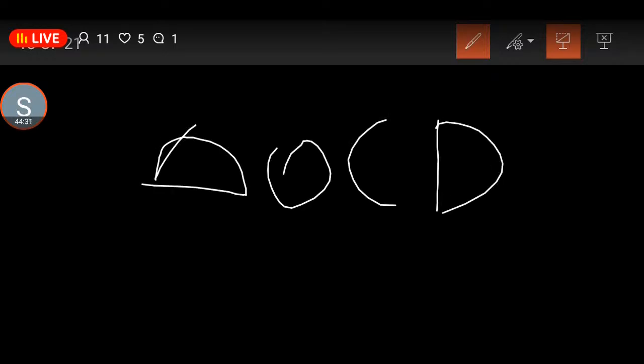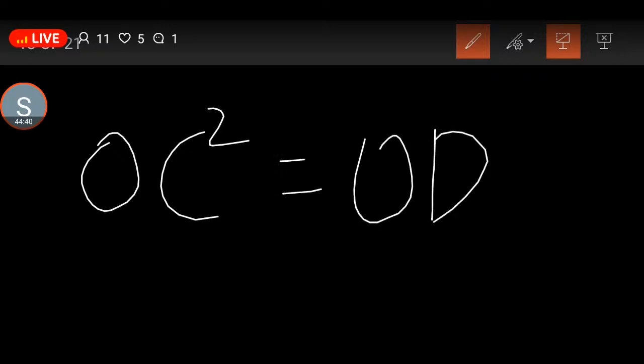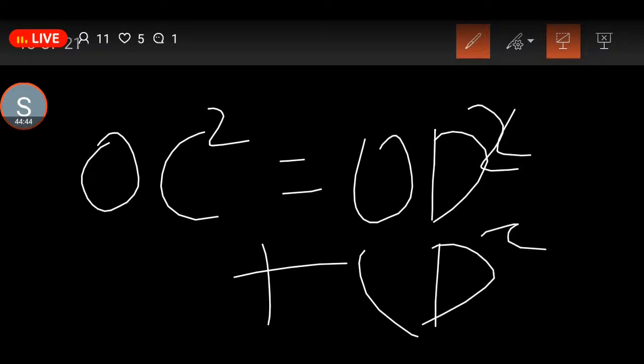Keeping in mind this, let us consider triangle OCD. In that triangle, OC square is equals to OD square plus CD square. What I have done, I have used Pythagoras theorem for OCD.